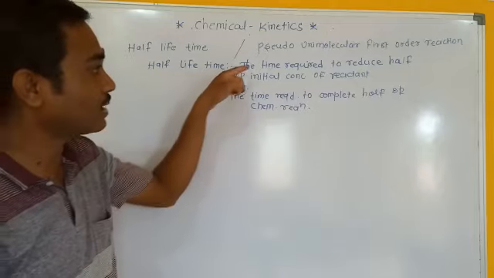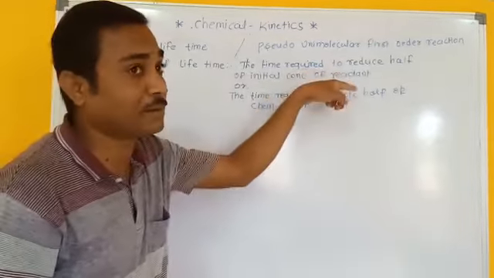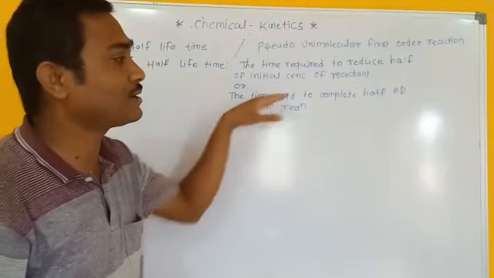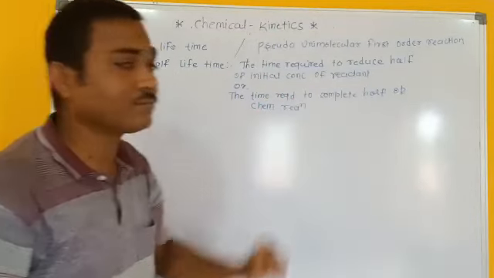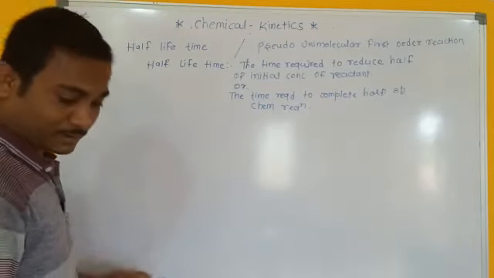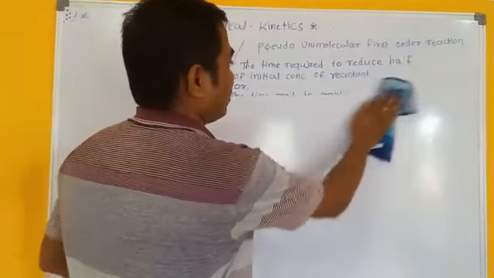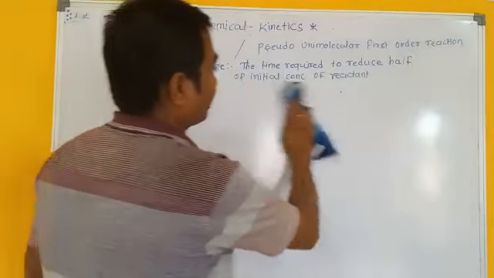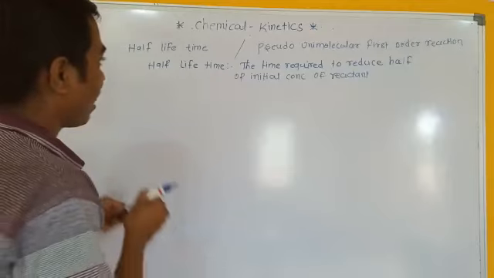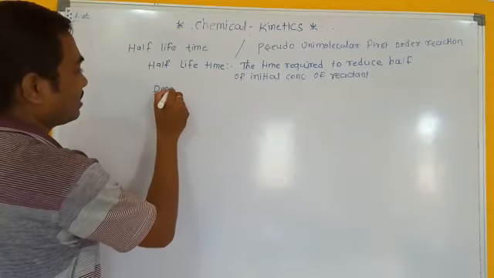What is meant by the half-life time? Time required to reduce half of the initial concentration of reactant, or time required to complete half of a chemical reaction, is known as the half-life time. Here we have to derive an expression for the half-life period of a first order reaction.